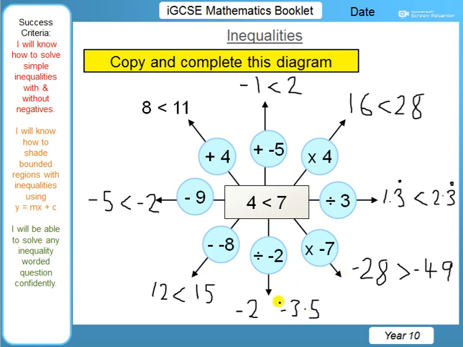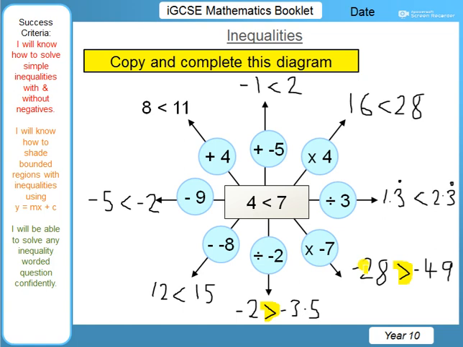And again, we can obviously see that -2 is going to be greater than -3.5. Again, think of it in terms of temperature. Which one is colder? So notice here actually that pretty much the inequality symbol stays the same, apart from in these two situations, when we divide by a negative number or multiply by a negative number.